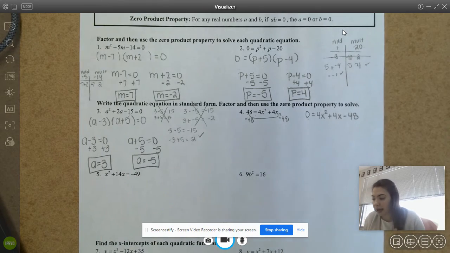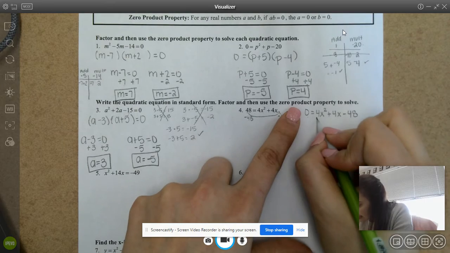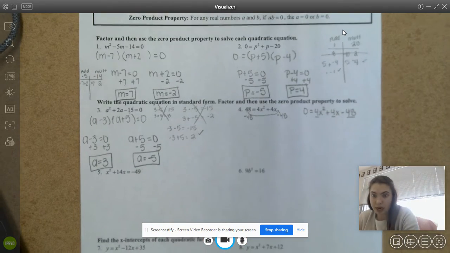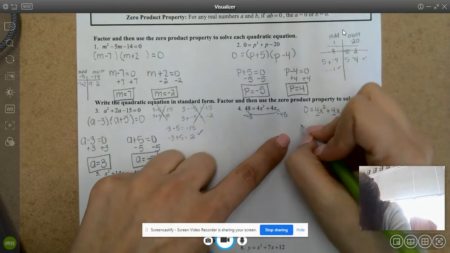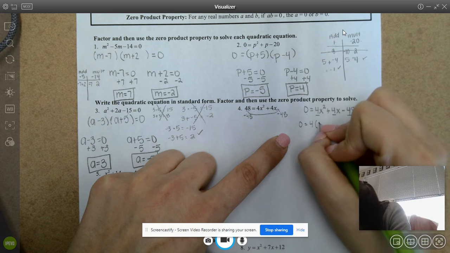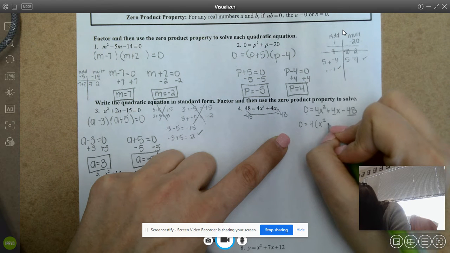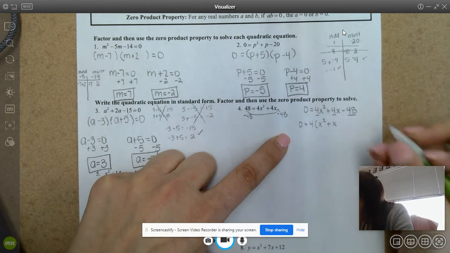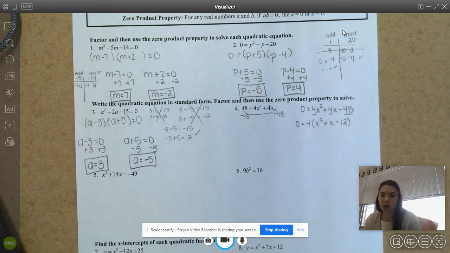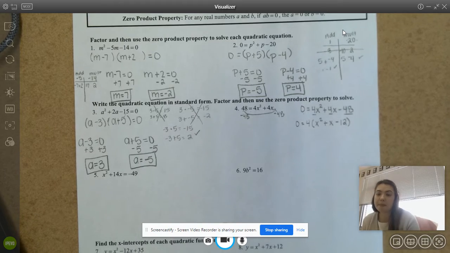Now, before we factor it though, something that really sticks out is that they all share a number in common, and that is the number 4. We can actually factor out this GCF of 4. When we do so, we're left with x squared plus x minus 12. 48 divided by 4 is 12. Okay?